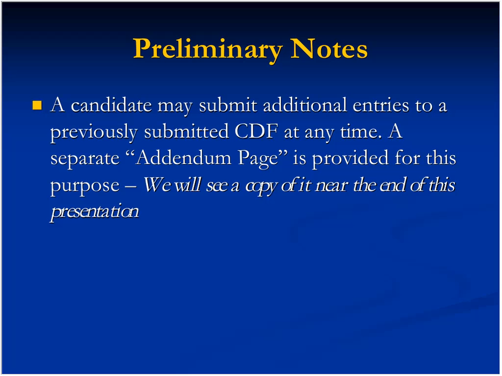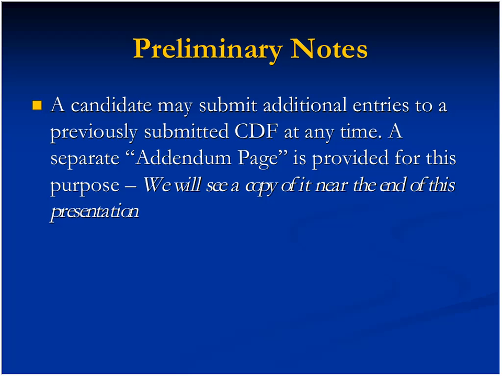You don't have to do a whole new candidate data form. There's actually an addendum page that is provided for this purpose, and we'll see a copy of what that addendum page looks like towards the end of this webinar presentation.